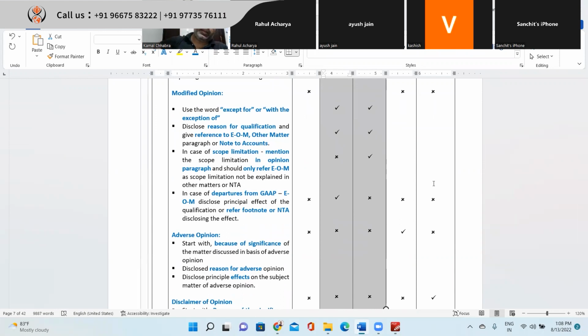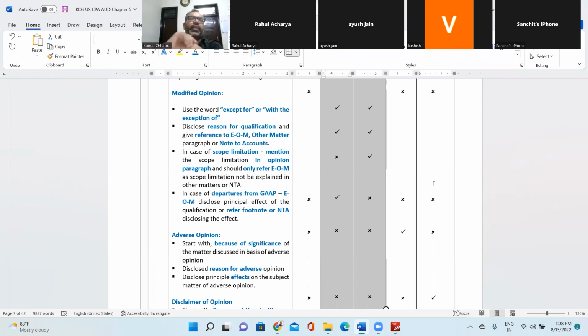Here, in the exception, you will be disclosing the reason for qualification, and if needed give the reference to the emphasis of matter paragraph, other matter paragraph, or the notes to accounts where that respective financial statement line item is covered, for which you are giving the qualification.